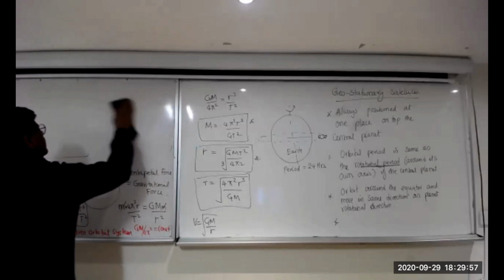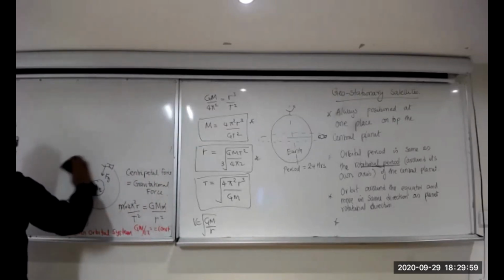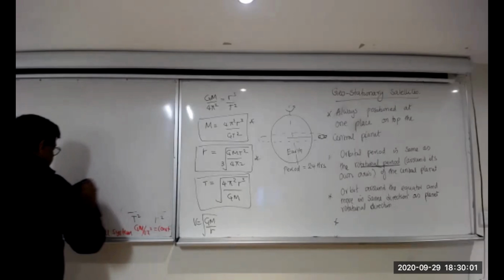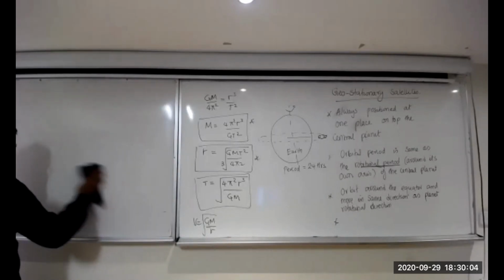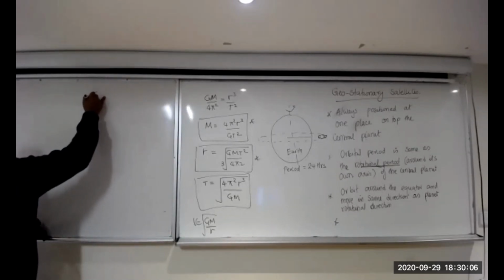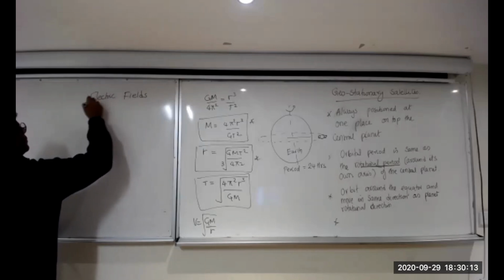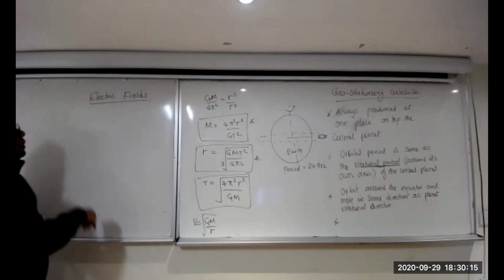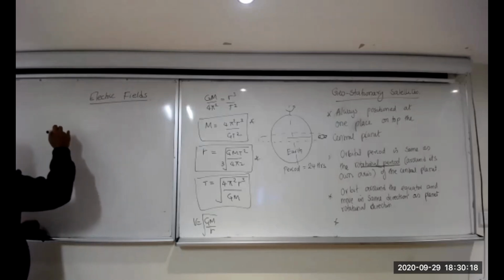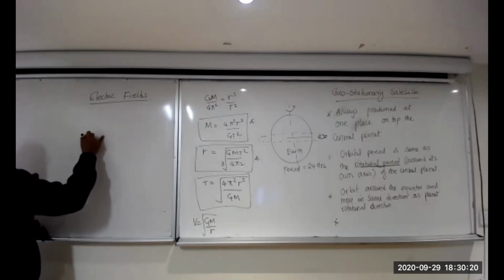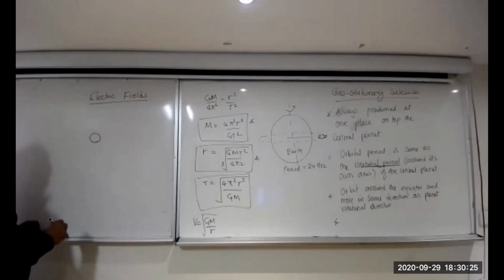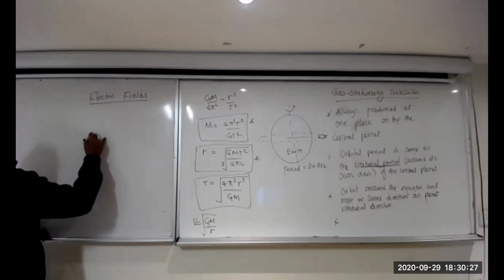Electric fields. Okay. Now, like in a gravitational field, where we know it's the mass that produces the gravitational field, in terms of electric field, it's a charge that produces the electric field.